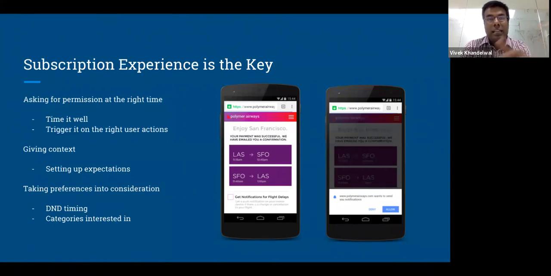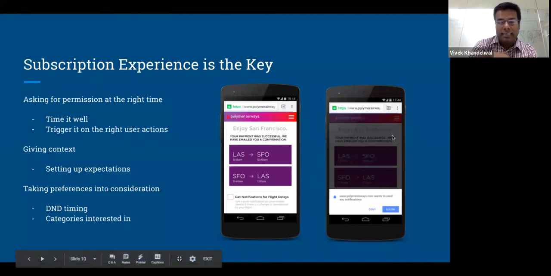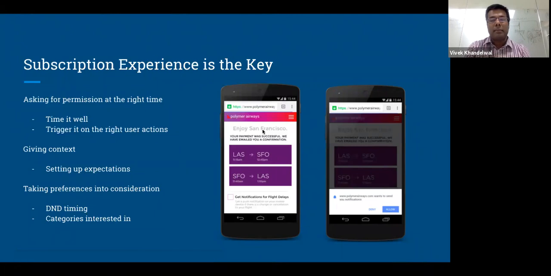Only once the user says yes should you present the user with the main subscription prompt, which is this in this case. The key here is to set the expectations right, which is why using something like a welcome notification could be fairly powerful.